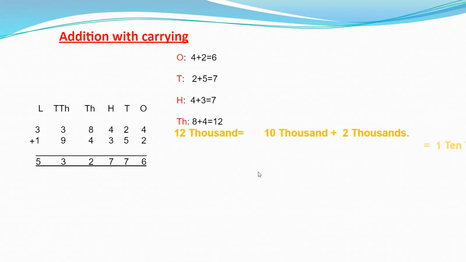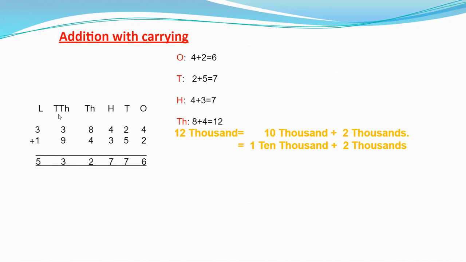So we will write 2 under thousands and 1 is 10,000. We will carry over 10,000. We will give this 1 to the next number, that is 10,000. I think it's clear to all of you.